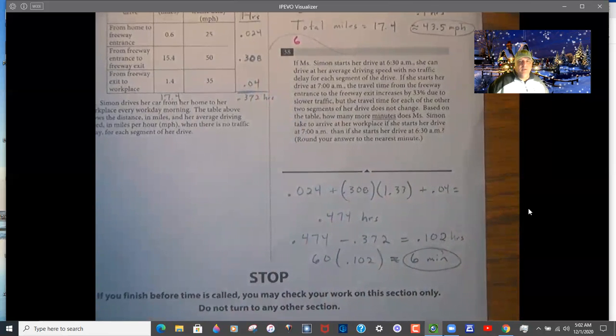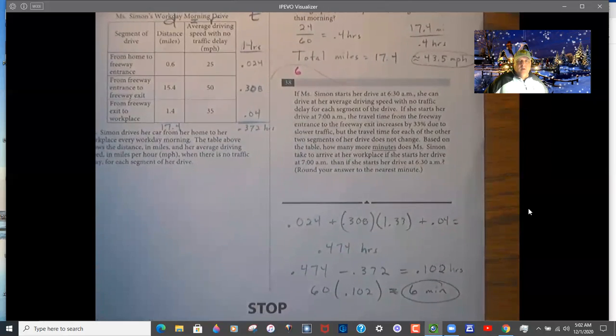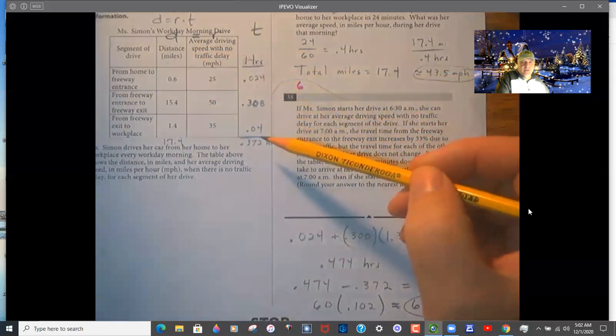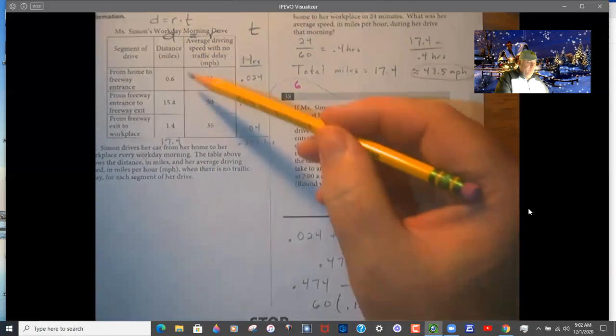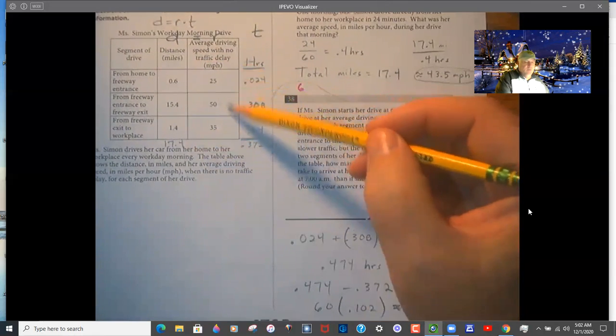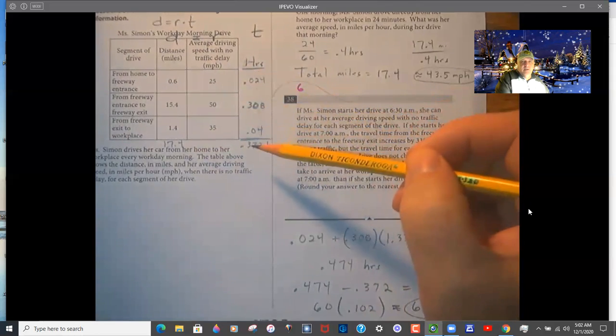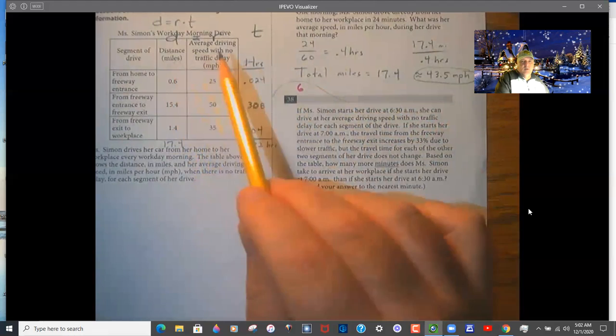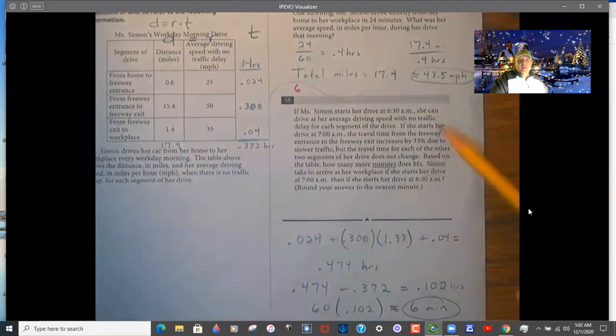A hard problem again. To know what to do, you had to know that this is a distance, rate, and time chart. This is distance in miles. This is rate in miles per hour. So this would be hours by dividing backwards. Distance over R, D over R would give you the time.